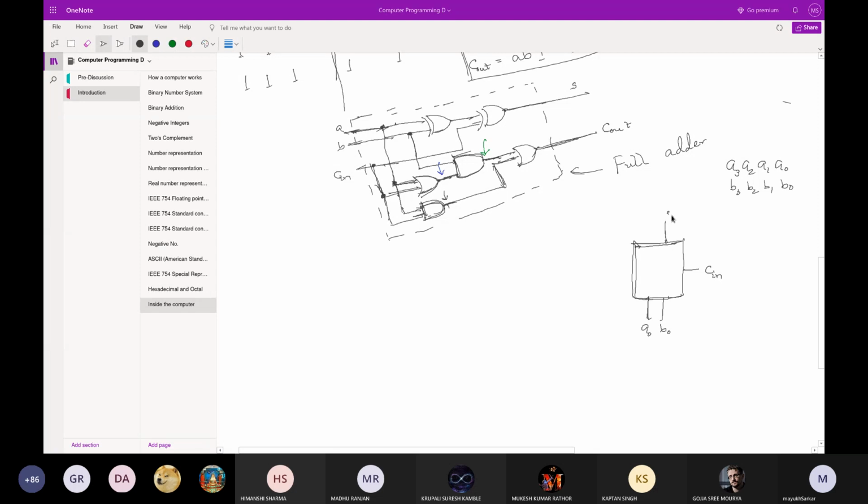You will get the sum output S0 and some carry out, right? Take this carry out and pass it to the next one. That will be the carry in of the next bit. This is one full adder circuit.